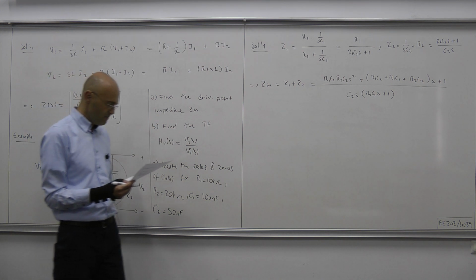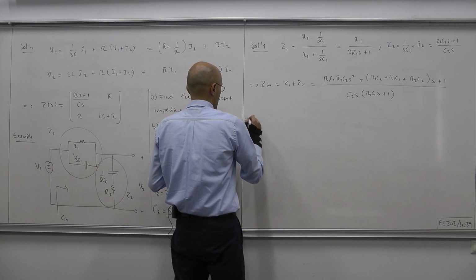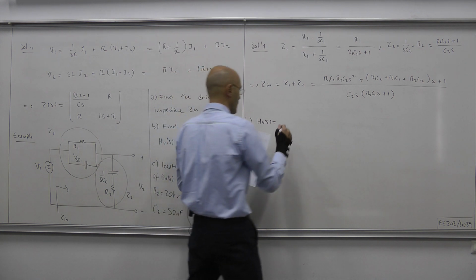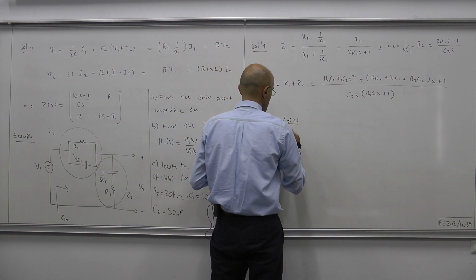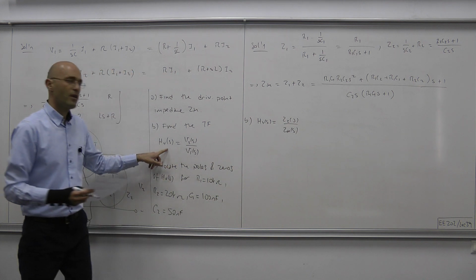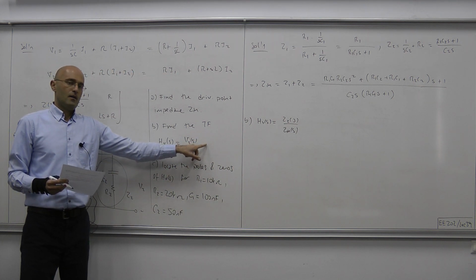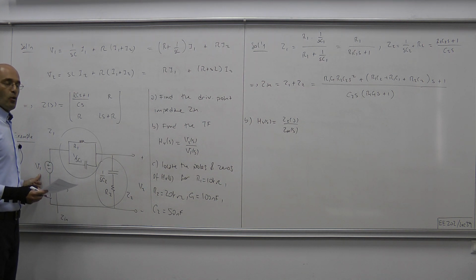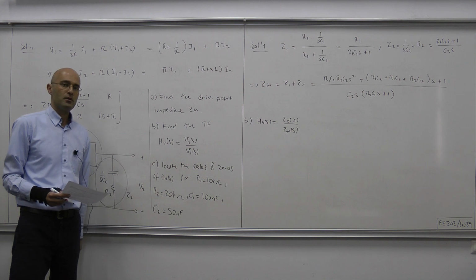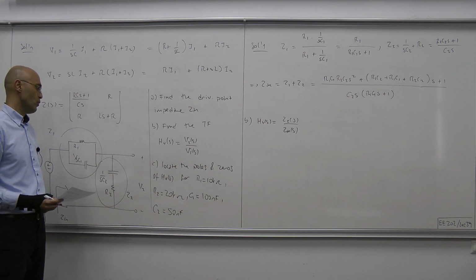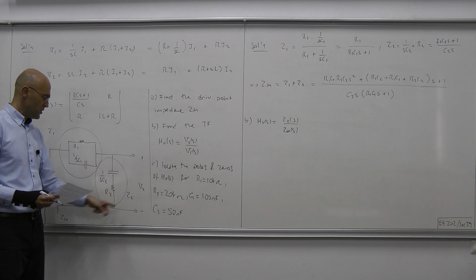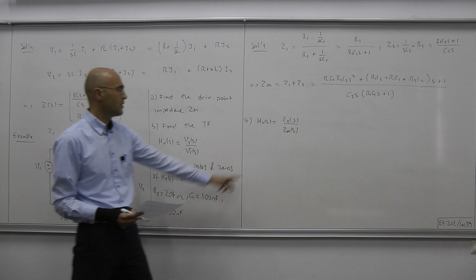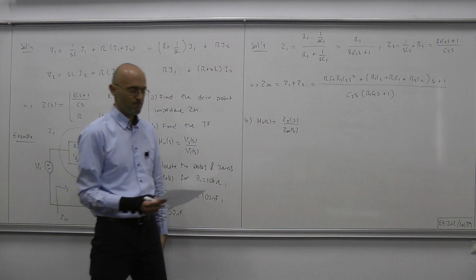Now let's move on to B. HV of S equals Z2 of S over Z in of S, because the transfer function is this voltage V2 over the input voltage V1, which means we're talking about a voltage division. Therefore, the ratio is Z2 divided by the overall impedance seen by the input, in other words, Z2 over Z in.